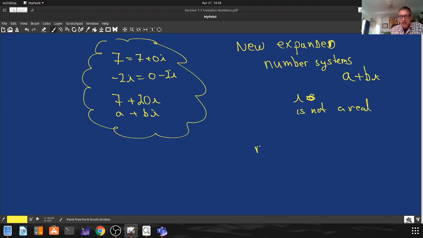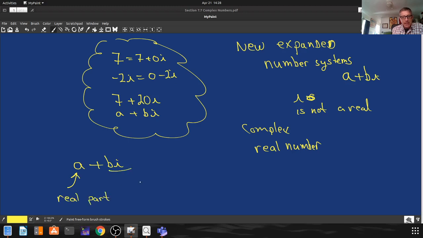So it turns out that every real number is a complex number. And when we have a plus bi, the a is called the real part, and the bi is called the imaginary part.